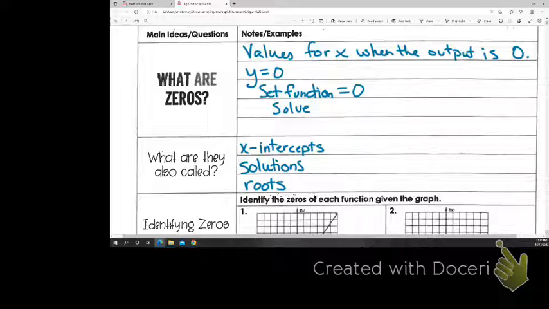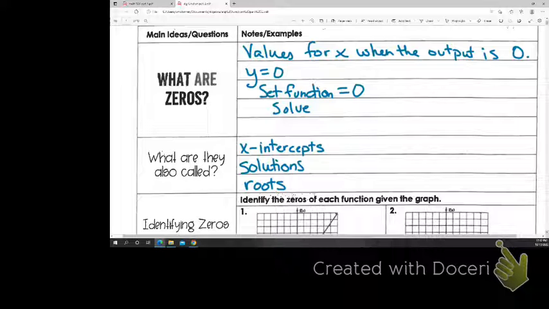The next part says identify the zeros of each function given the graph. That's the same thing as if I asked you identify the x-intercepts, which makes a lot of sense when we're looking at a graph. Notice on these graphs, instead of labeling the vertical axis as y, they have it labeled as f of x.